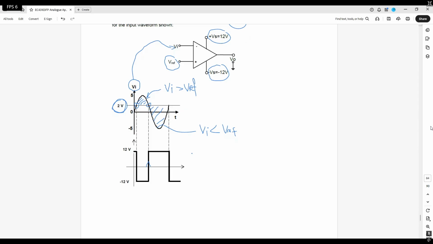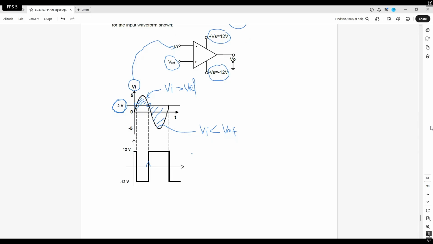The main thing is, first of all, when you look at a comparator circuit, you must know the reference voltage first. What is given? After noting the reference voltage, we look at the input voltage because you want to compare the input voltage to the reference voltage.